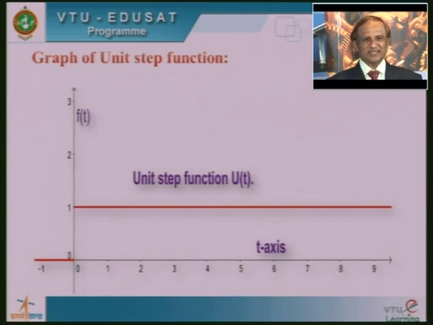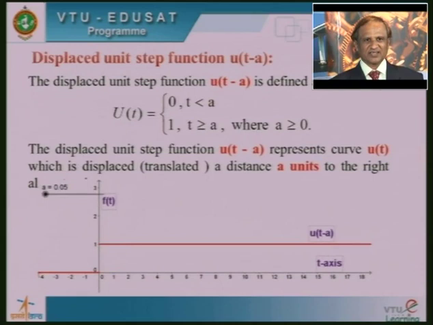When t is greater than 0, meaning time is greater than 0, I hope you can observe it is maintaining a red line corresponding to 1 on f of t. That is called a unit step function. Now mathematically you can define u of t, which I have already defined.